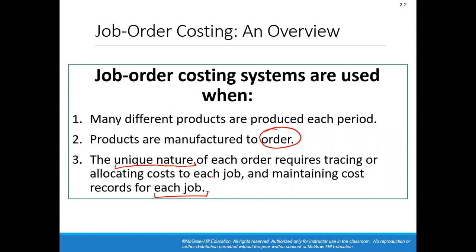So job order costing is an application of absorption costing, where we are assigning all the cost of manufacturing to the products. And here, products in combination are part of the job.